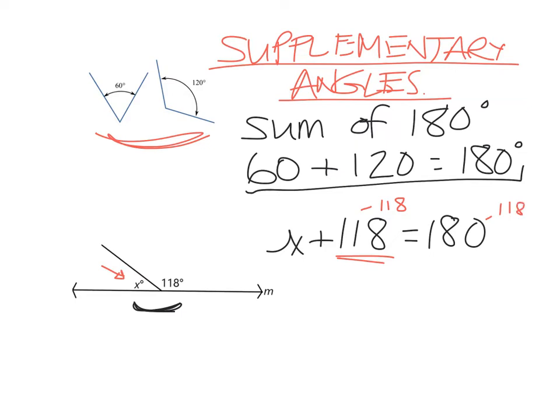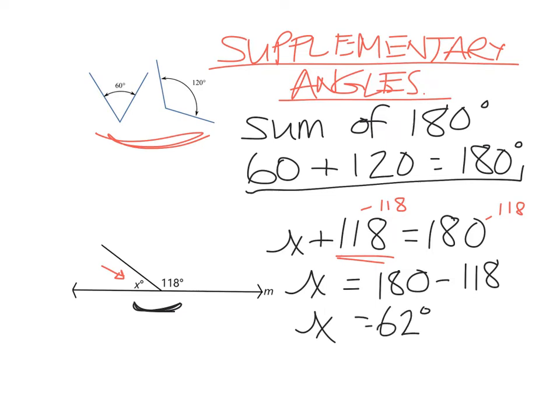I know a lot of you prefer to do inverse operations, and I don't really have the board space to do everything, but those are your two balance amounts. So we're going to say x equals, if we're doing inverse, 180 minus 118, and then therefore x is going to equal 62 degrees.